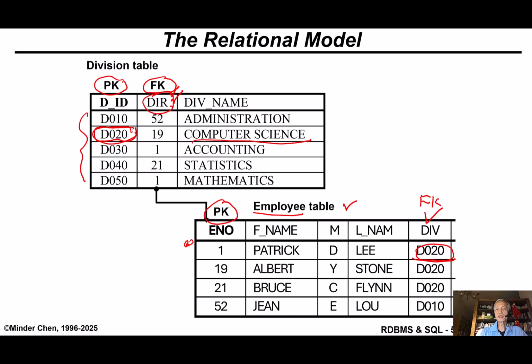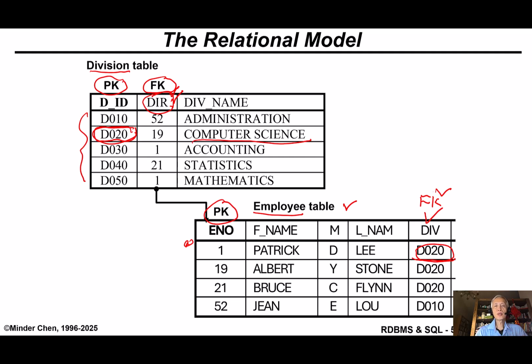Okay, if you think about it, because the div in the employee table is a primary key in the division table. The column name doesn't have to be the same, but as long as the meaning and the data type are the same, then this is a foreign key.